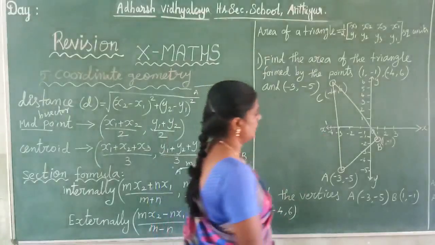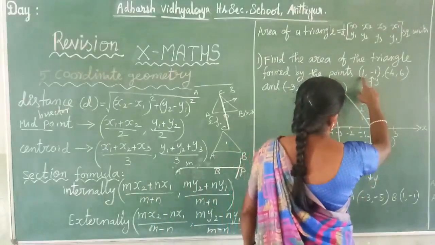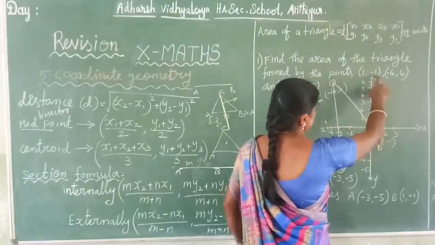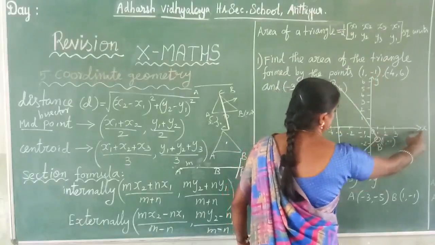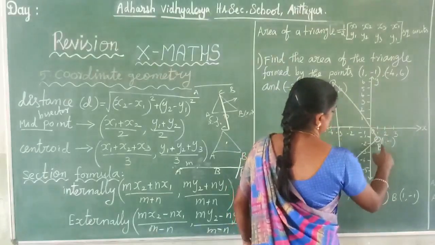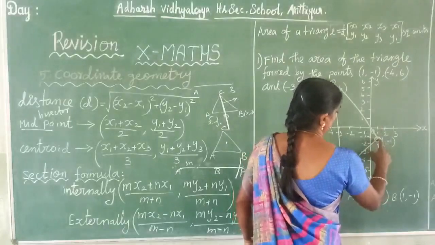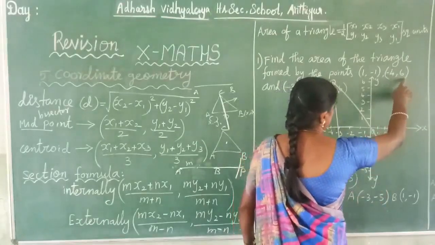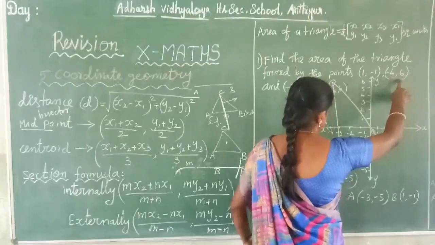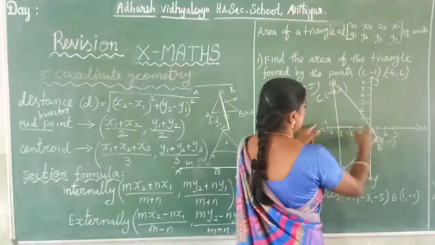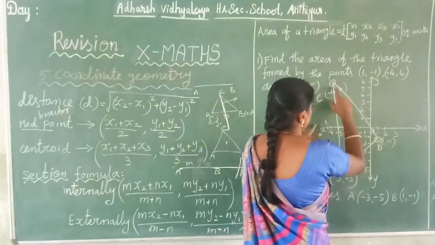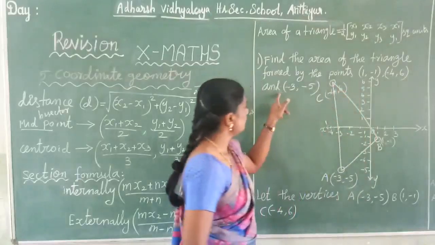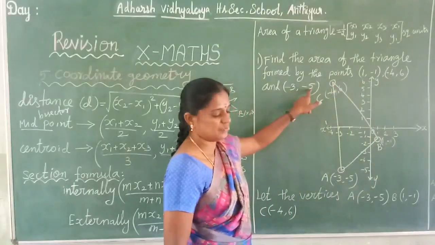So here the first one is (1, minus 1). Here x is plus, y is minus. Second point (minus 4, 6): x is minus, y is plus 6, so it is in the second quadrant. Third one (minus 3, minus 5).